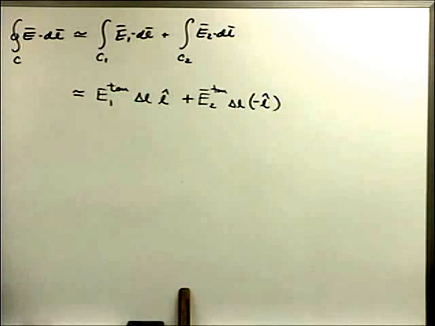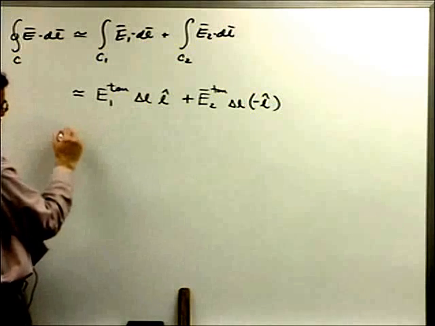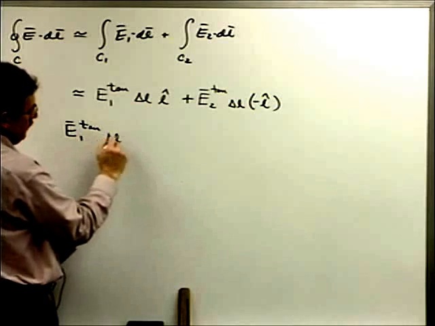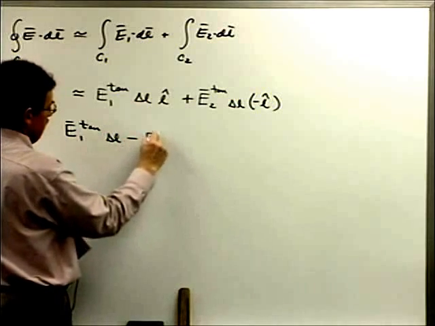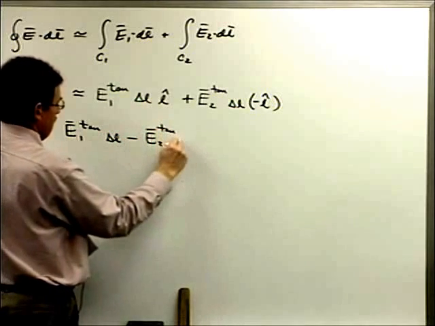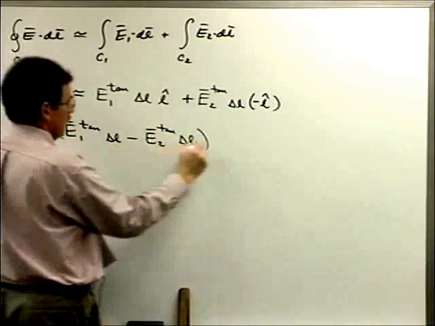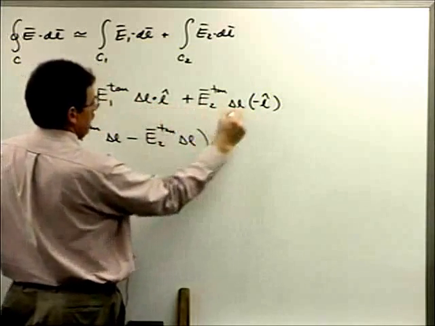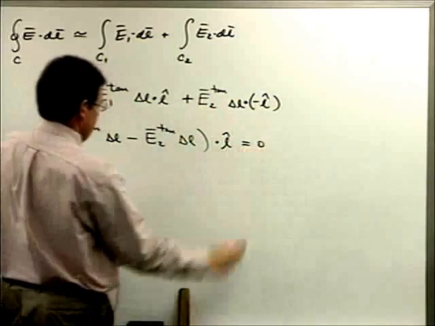And this says these things have to add up to 0. So this says that E1 tan times delta L minus E2 tan times delta L, all dotted with L hat here, this is really a dot product, I guess, has to add up to 0.